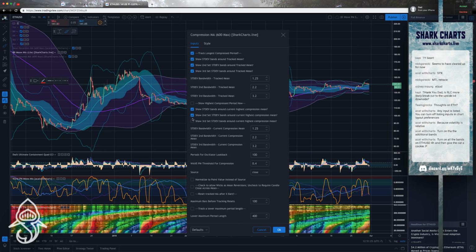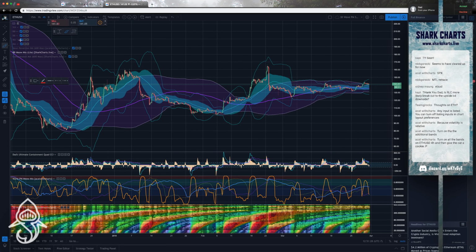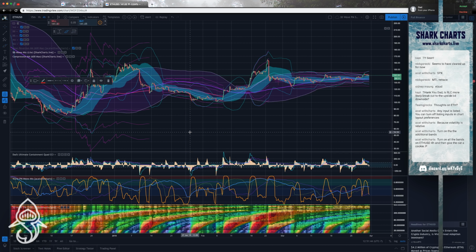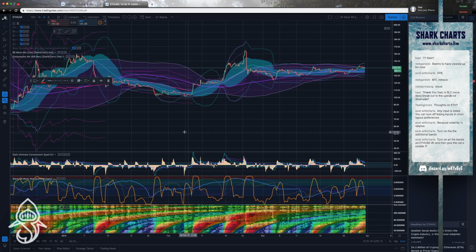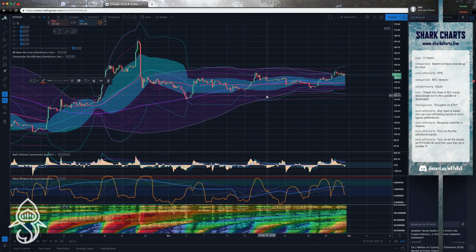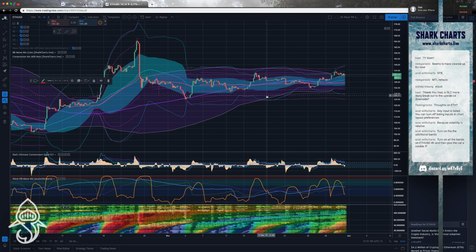I turned on all the bands. What's going to happen? I didn't even make it visible. What am I doing? That's pretty. Looks like you've actually managed to find true overbought and oversold signals.